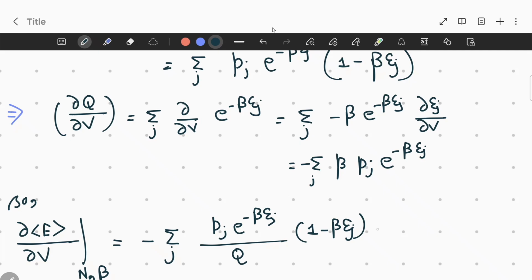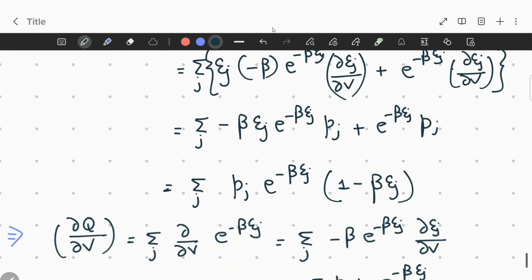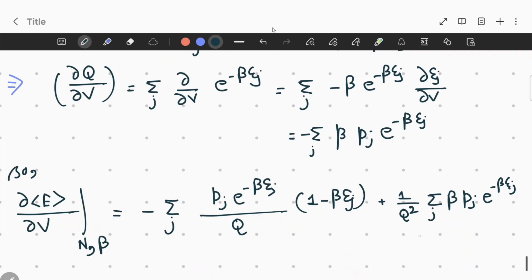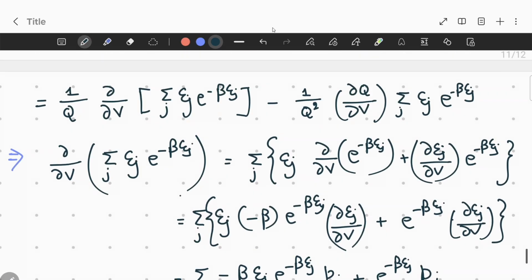Okay. And the second term was this. So it is minus 1 by Q square, then this is there, plus, because minus minus will be plus, and then sum over j e to the power minus beta EJ. Is it correct or not? Okay. From here you can write it. Yes.